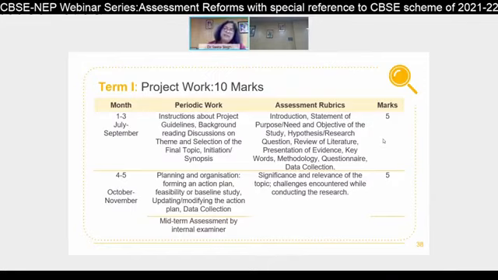Vis-a-vis, these assessment rubrics have been given, and 5 marks have been allotted for the first 3 months, July to September, for the introduction, statement of purpose, needs and objective of the study, literature review, methodology, keywords, questionnaire, etc. The next 5 marks have been allotted to significance and relevance of the topic and challenges encountered while conducting the research. This way, half of the assessment is over by November, for the 10 marks.